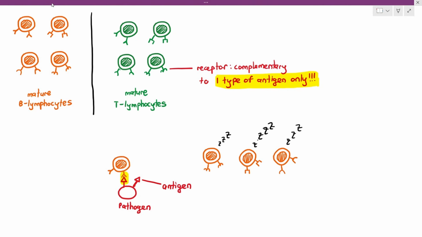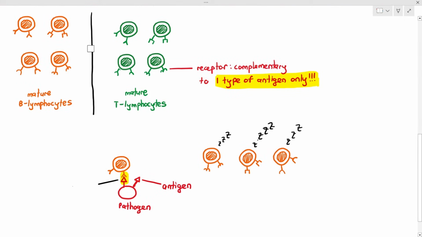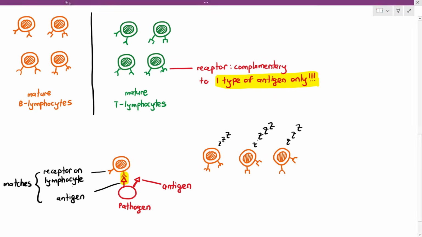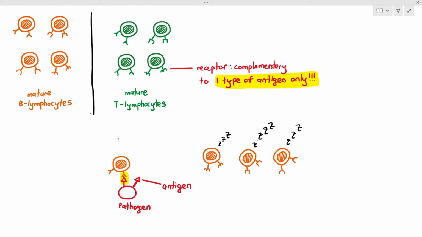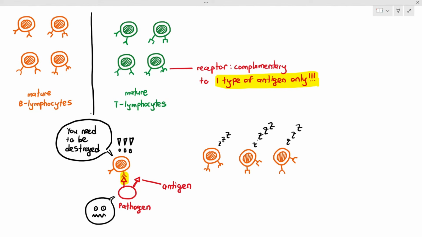The fourth lymphocyte that I'm drawing here, their receptor and the antigen matches, in the sense they are complementary to each other. The moment they are complementary to each other, that's when the lymphocyte goes, oh, you need to be destroyed. You are something that is foreign in our body.